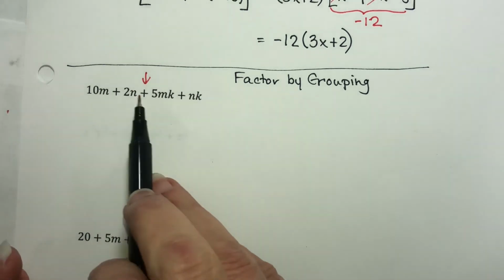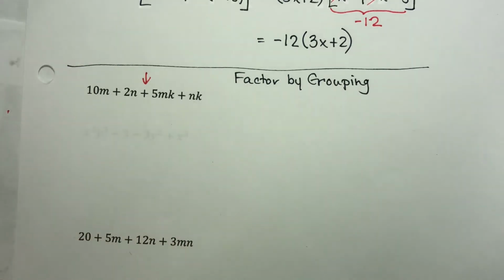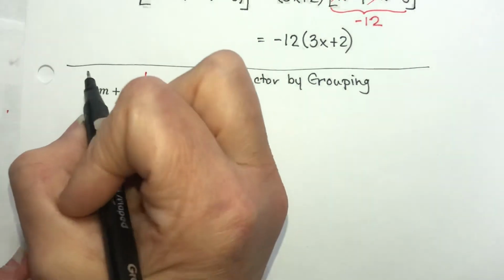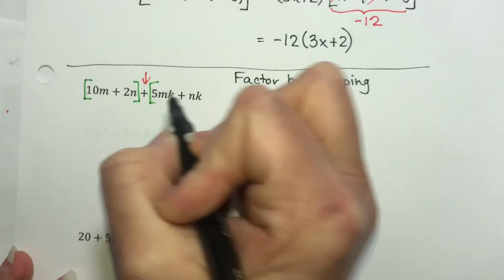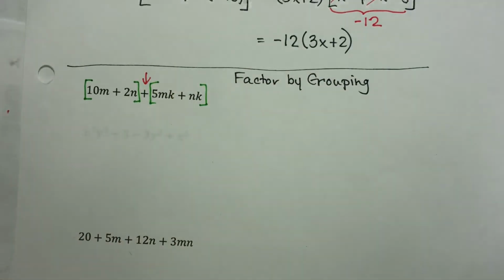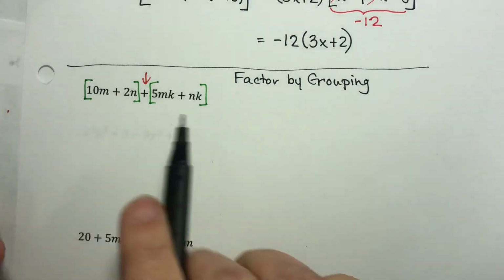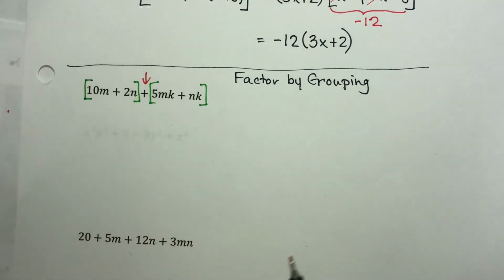Any which way, you need a plus sign in the middle. And then once you have that plus sign in the middle, you're going to group your first 2 together and then group your second 2 together. Okay? These can be parentheses. I just find it easier to put in brackets in something that's printed, and that way it's easier for me to not write over something and then make it hard to see.